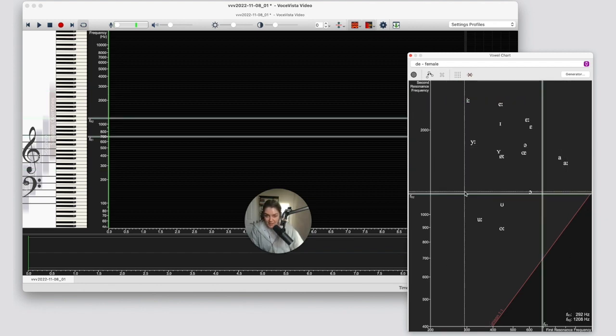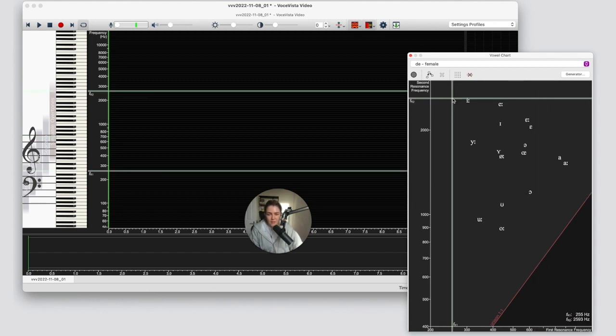So instead of the E vowel, where do we want to be at? That's not going to work. So I really want to be narrowing in on the 700 to 1100 range. What vowels are going to work for me there?